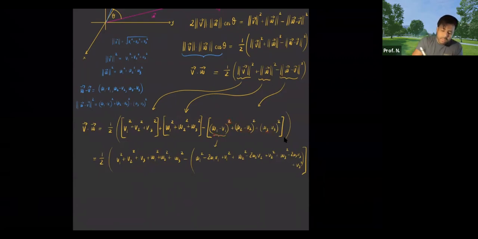And then I have this, let me just put this around like this. And now I can distribute this -1 to every single term, right? And so what happens?